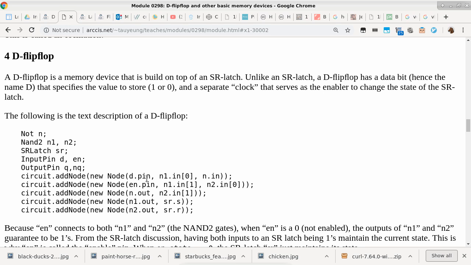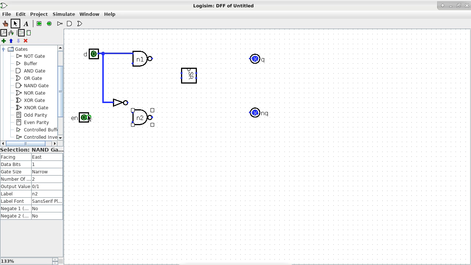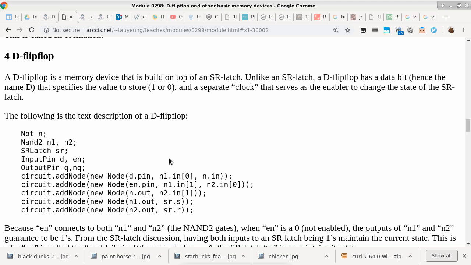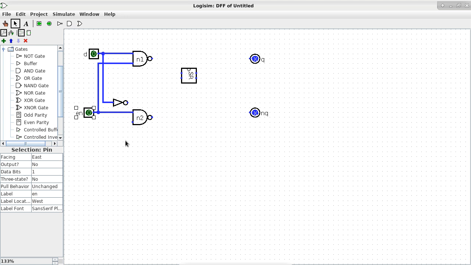And EN goes to the first input of the second gate, but at the same time it goes to the second input of the first gate, like so. Now we have to look at the output of the negation. It goes to the second pin of the second gate.